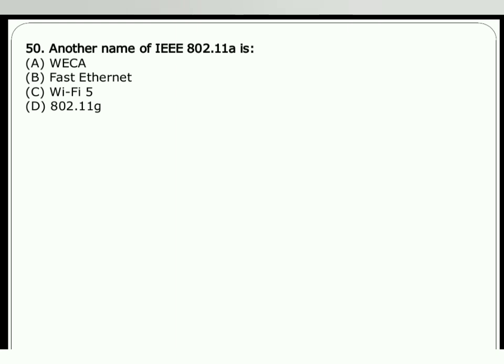Another name of IEEE 802.11a is. These types of questions were also asked. They will ask about the different versions of IEEE, that is 802.4, 802.3.